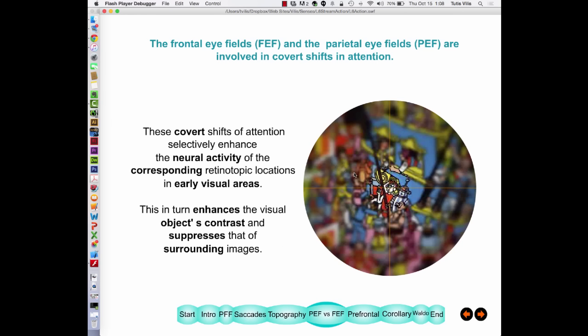The covert shifts produce activity both in the frontal eye field and the parietal eye field, and the activity enhances activity all the way into V1, which increases the contrast in V1 and allows the visual system to examine this part of the visual field and say, hey, is that Waldo or not? Should I look there?